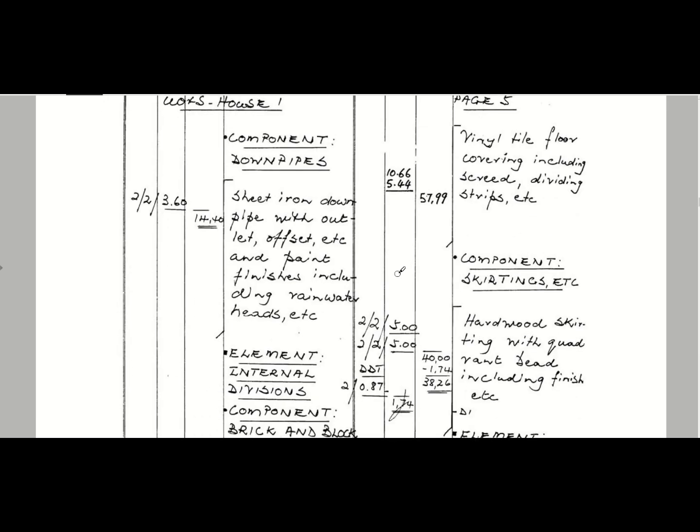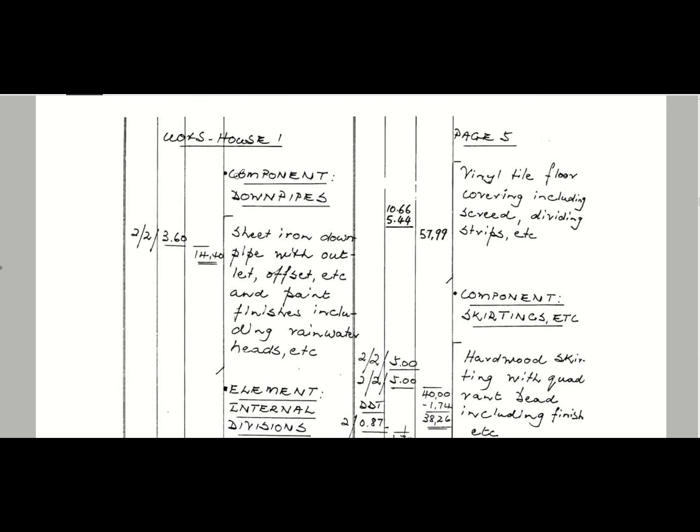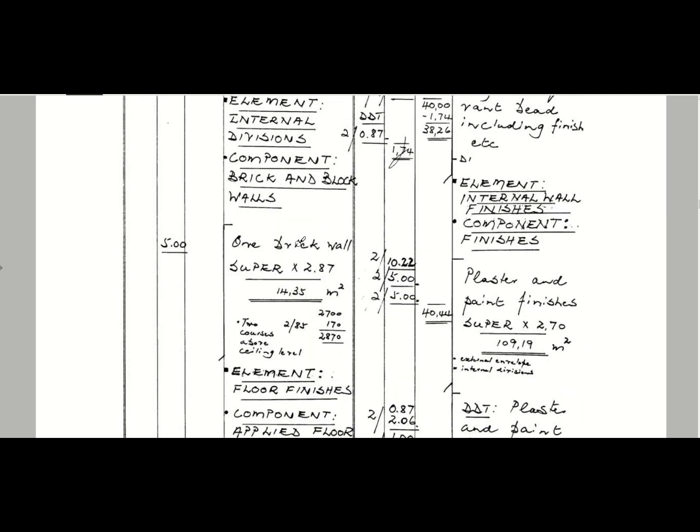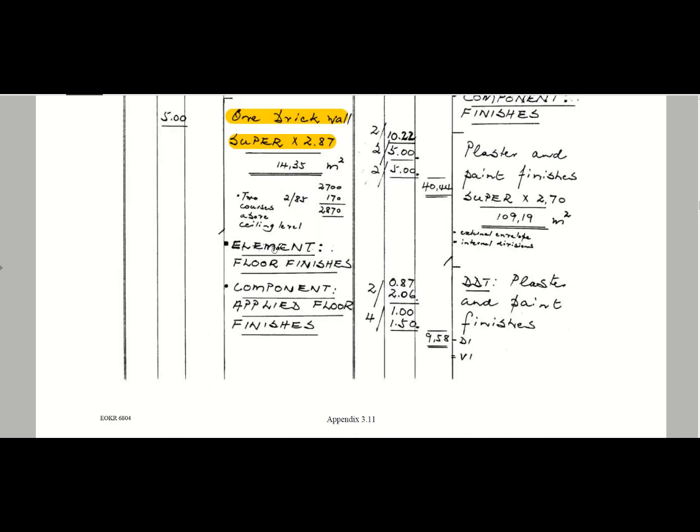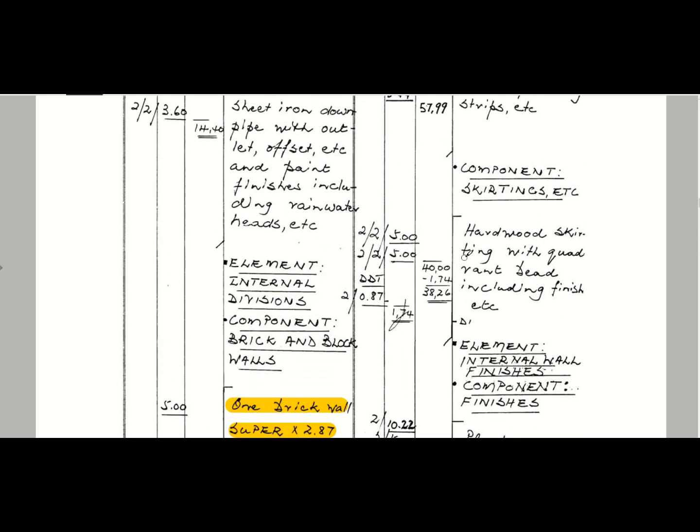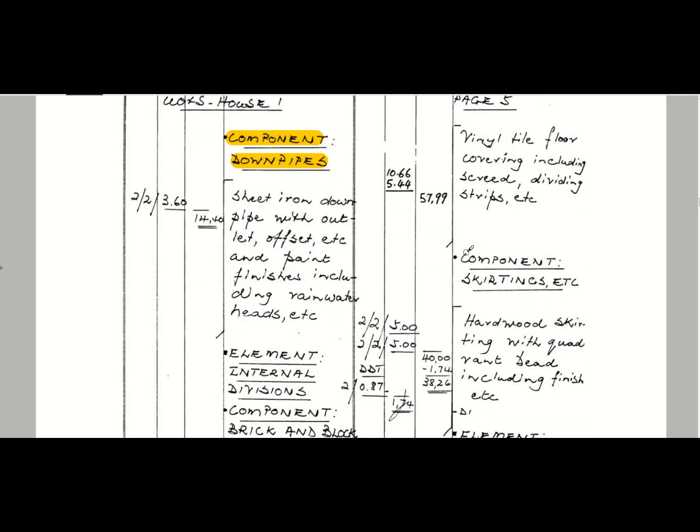Okay, and then you can see component downpipes. Your rainwater goods is measured here, and it continues like that. Your one brick wall superstructure. This is our interior wall, floor components, etc. So for our purposes, you don't really have to follow all these specific rules.